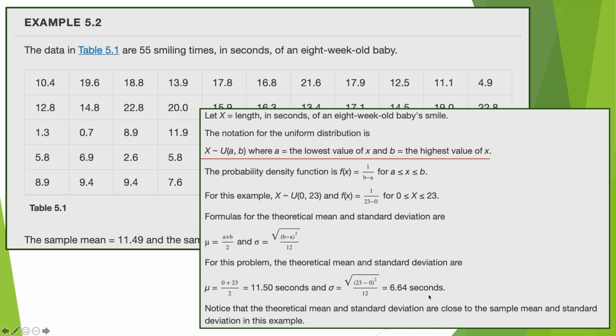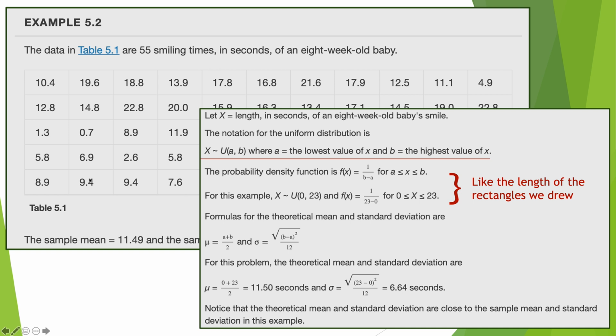Notice the theoretical mean and standard deviation are close to the sample mean and standard deviation in this example. That's worth noting, that they come out very, very close to one another. One of the key takeaways here is that from 0 to 23, lowest score to highest score, is how we find the length of the rectangle.